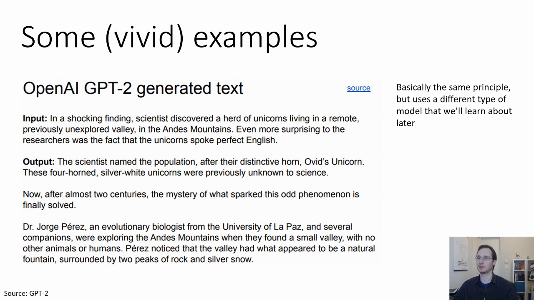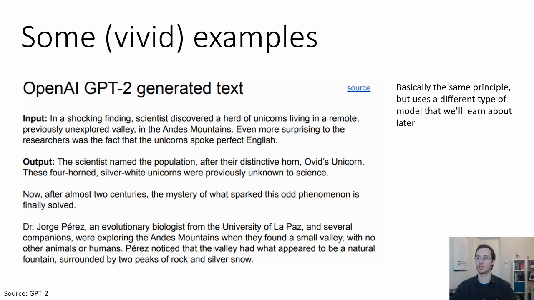It says, in shocking finding, scientists discovered a herd of unicorns living in a remote, previously unexplored valley in the Andes Mountains. Even more surprising to the researchers was the fact that the unicorns spoke perfect English. Now, this was text that a human being wrote, and then the model is told, look at this text and then complete it. Basically, generate more text that is plausible as text that follows this prompt.